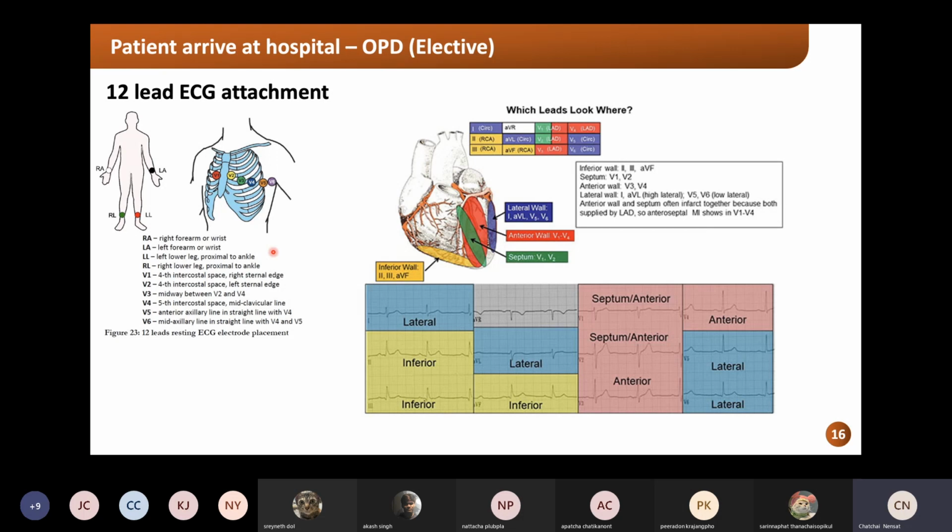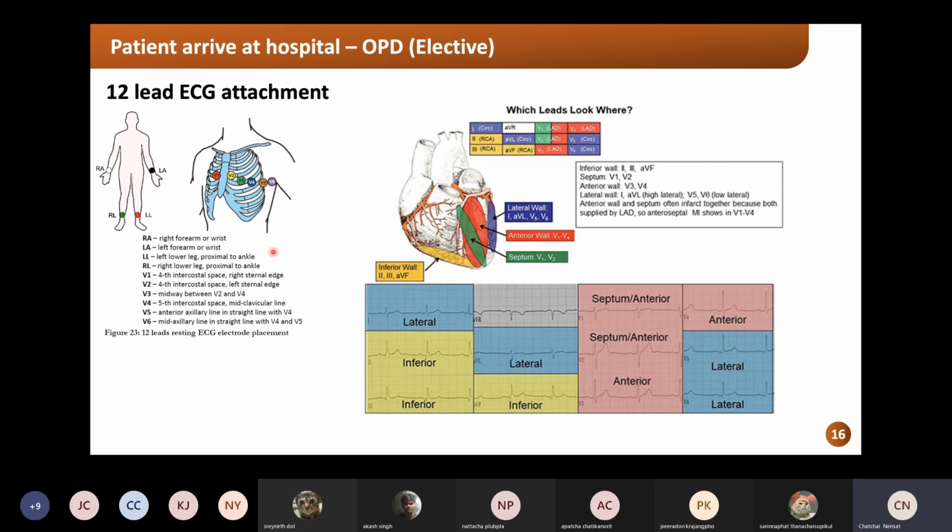But anyway, if you see ST elevation, there is the electrical axis, right? So on the opposite side there should be some event that reflects it.